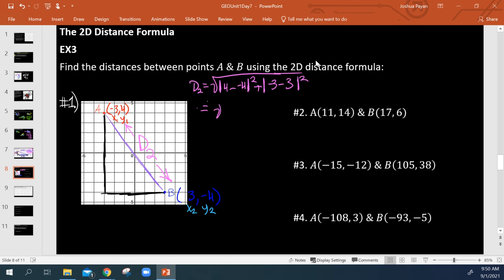Okay, so that's equal to the square root of, so 4 minus negative 4. And I did it again. Oh, no, I didn't. So this is a double negative. That becomes a plus. So that becomes 8 squared plus 3 minus 3. Right? So negative 3 minus 3 would be negative 6.